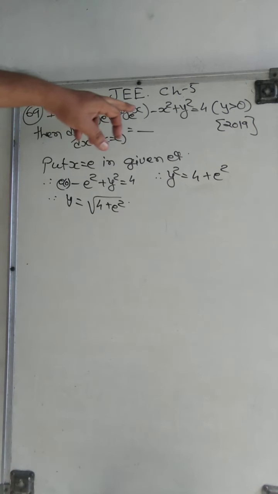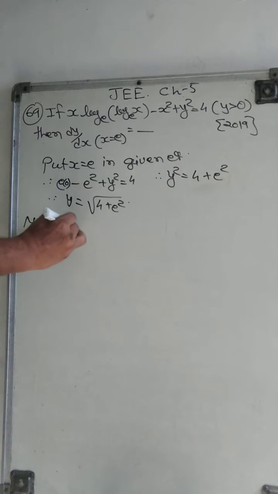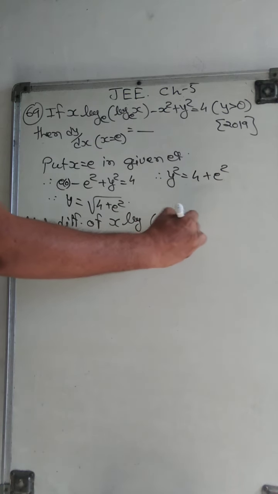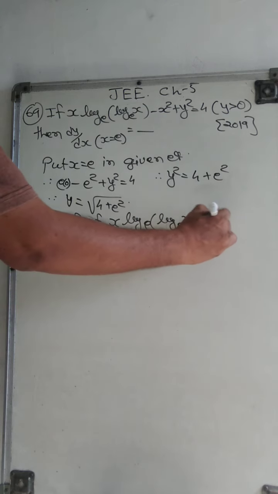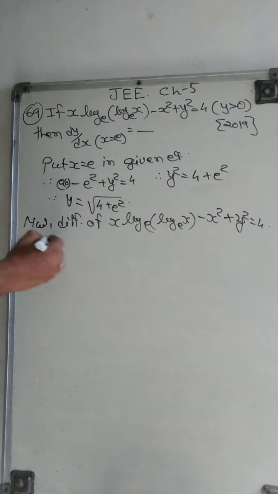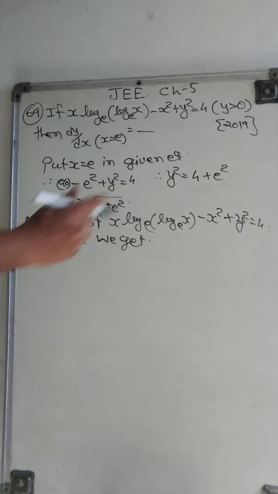Now what? Here we take the derivative of this term. Now differentiation of x log x to base e minus x square plus y square equal to 4 with respect to x. We get, this is multiplicative law.